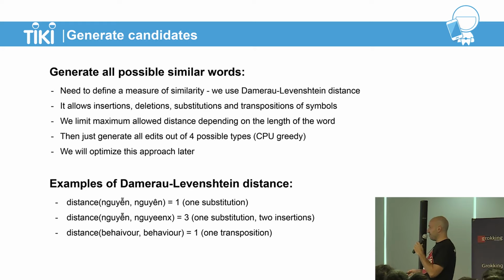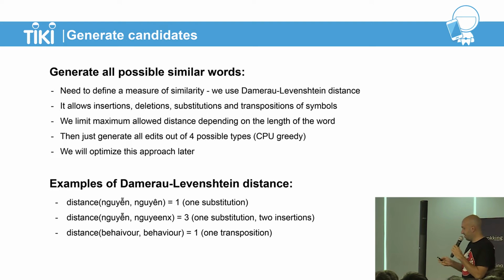Then we generate all possible edits of the incoming word with these 4 allowed operations, which is obviously CPU greedy because it will bring a lot of different candidates. We will optimize it, but let's talk about it later. For now, this is just a function to generate candidates. This is easy to understand, right?